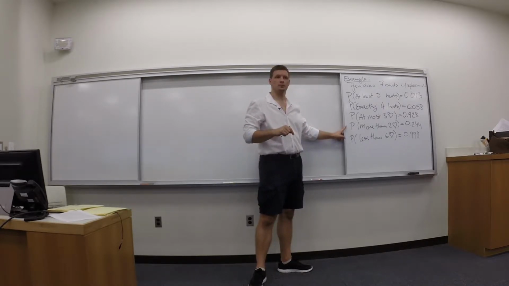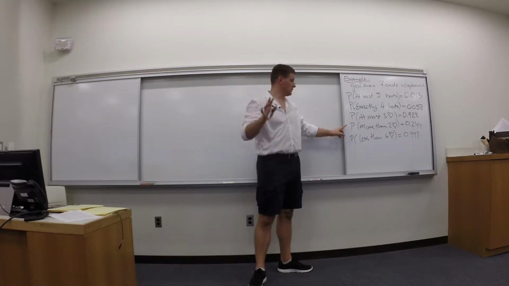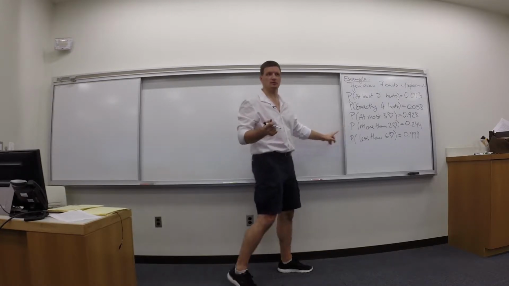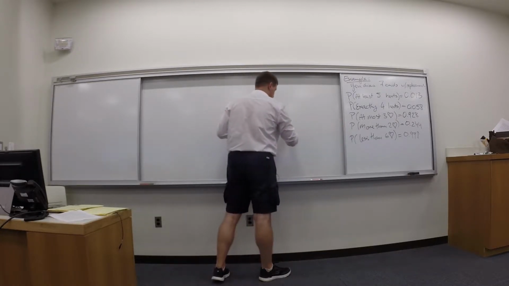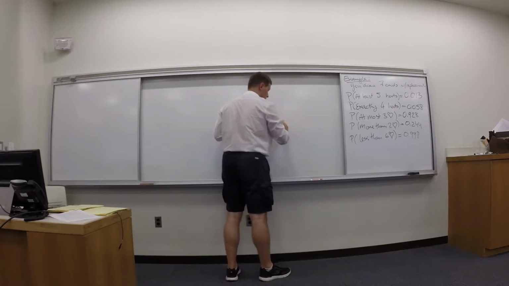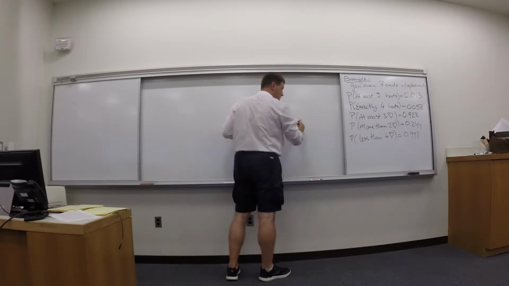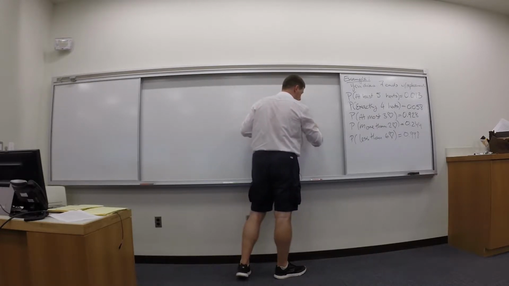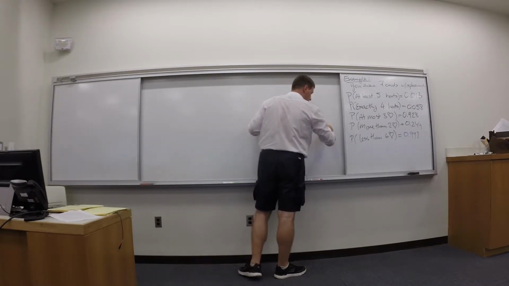Well, more than 2 means 3, 4, 5, 6, 7, right? Less than 3, or 2 or less, right? So the complement of that is the probability of what? Well, probability of 0 plus probability of 1 plus probability of 2.